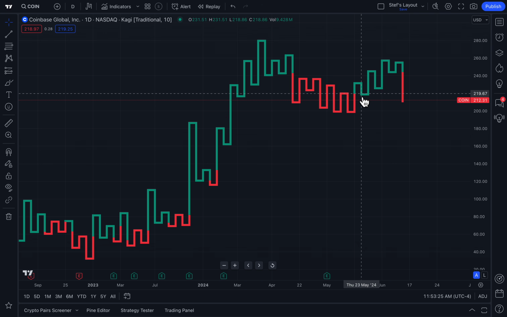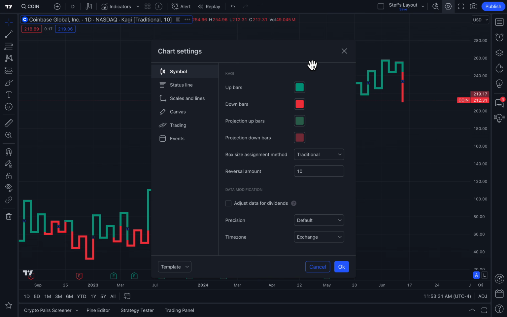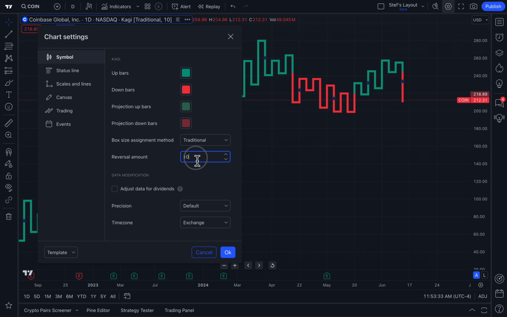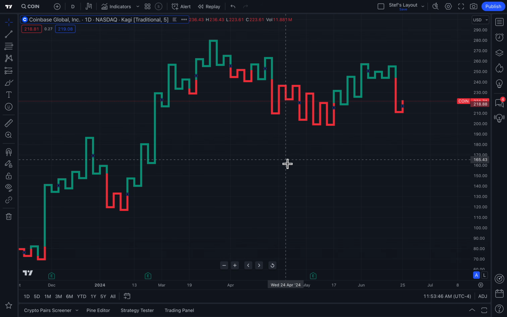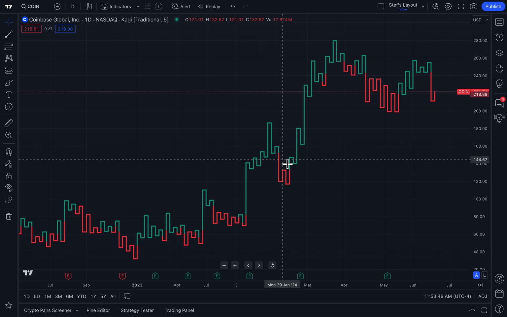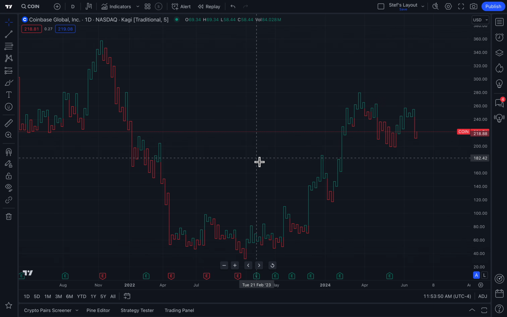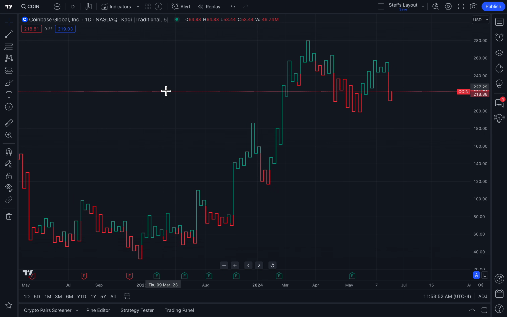Whether they are happening down here or up here, they are still illustrating reversals of price according to the specific input that you have typed in, in this case 10 or $10. So this is a rather powerful tool because you can spot reversals or set a specific reversal amount that you want to focus on and then study the price action based off of those reversals as a standalone chart type.